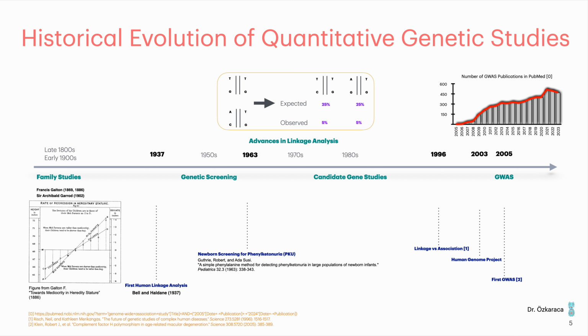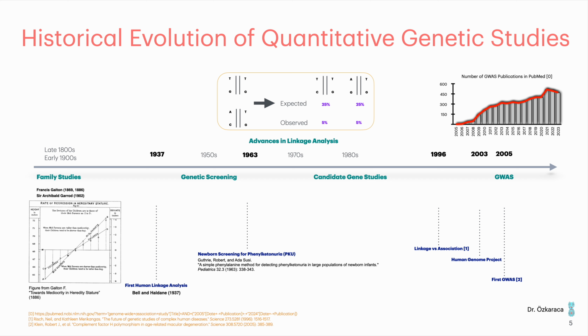And in 1996, the work of Risch and Merikangas shifted attention even more towards candidate gene association studies, highlighting their potential over linkage analysis for identifying genetic variants associated with complex traits. After that, candidate gene association studies became even more popular until 2005.